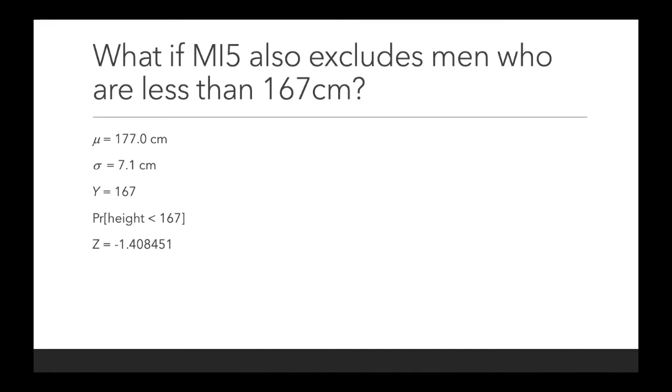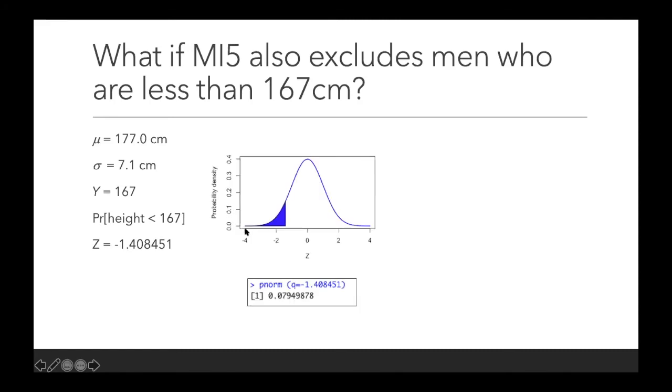Well, to do this, we could convert 167 centimeters into a z-score by taking 167 minus the population mean divided by the standard deviation to calculate a z-score of negative 1.4. We could then determine what proportion of the population following a standard normal distribution falls below this z-score of negative 1.4.